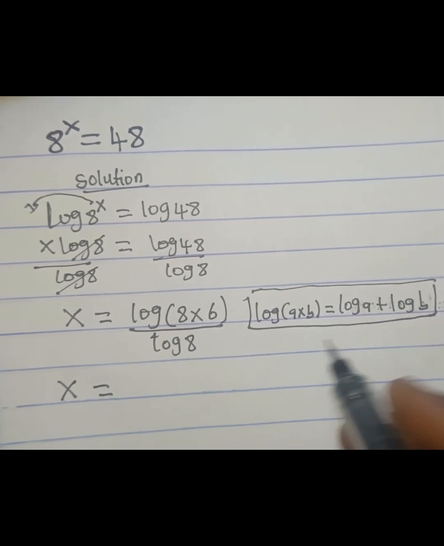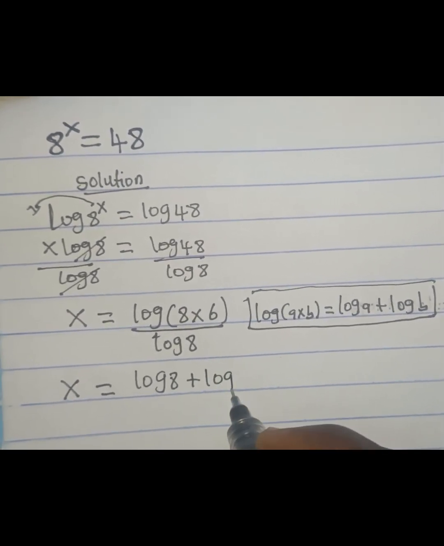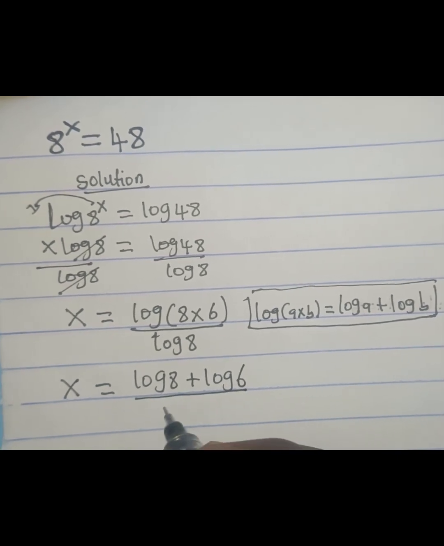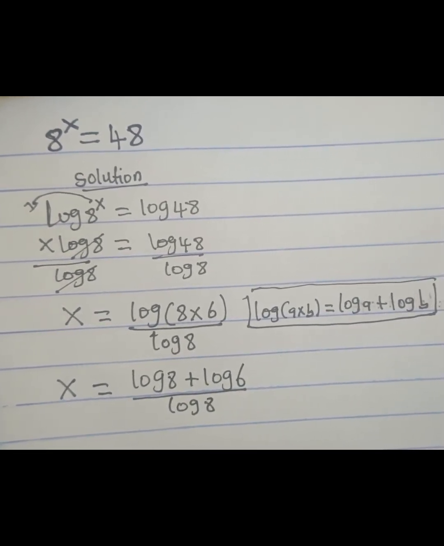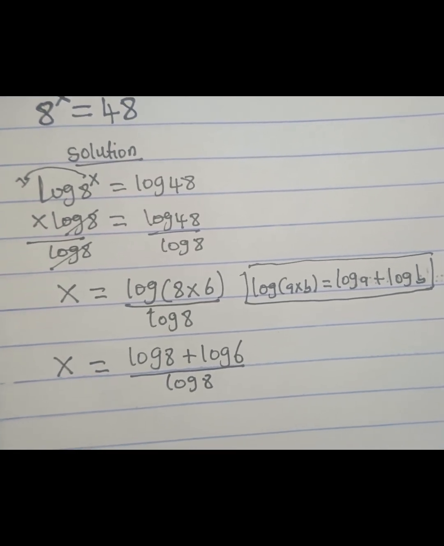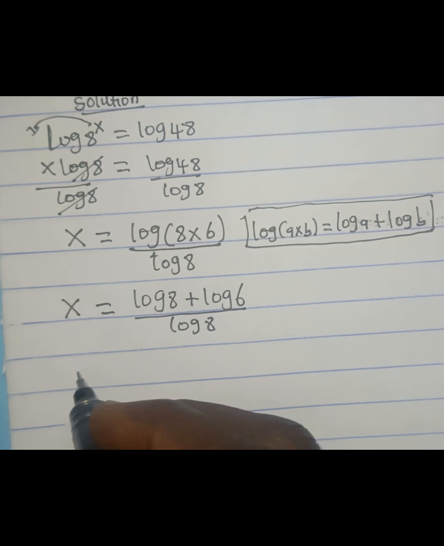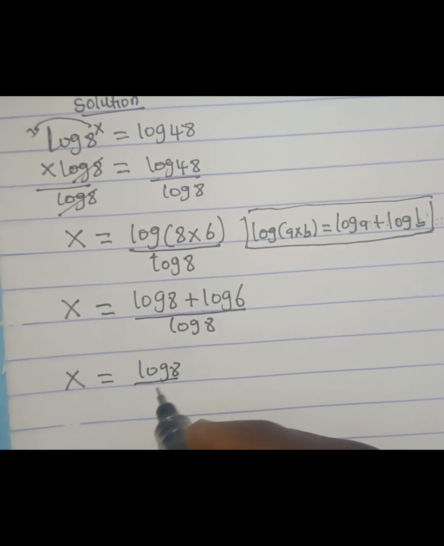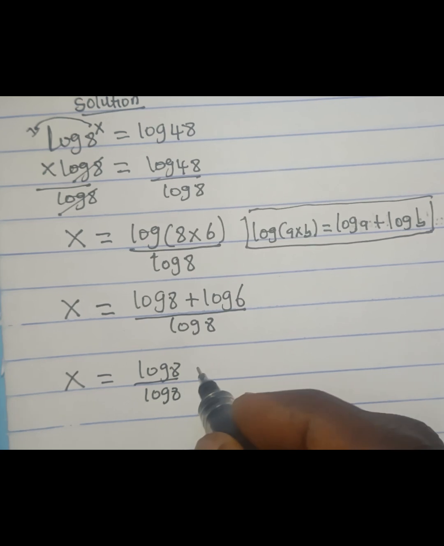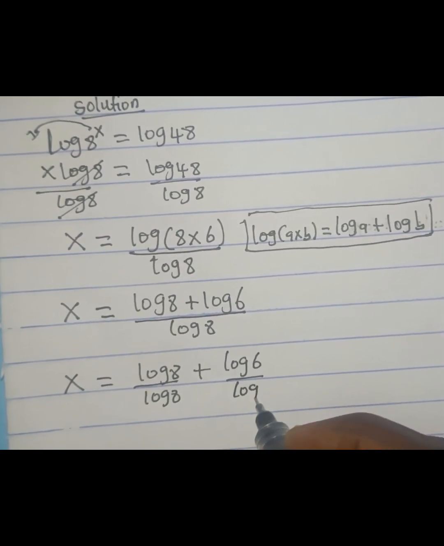To write it in this form is going to be log of 8 plus log of 6, everything all over log of 8. And remember, when you have a numerator sharing the same denominator, this can be split as x equals log of 8 over log of 8 plus log of 6 over log of 8.